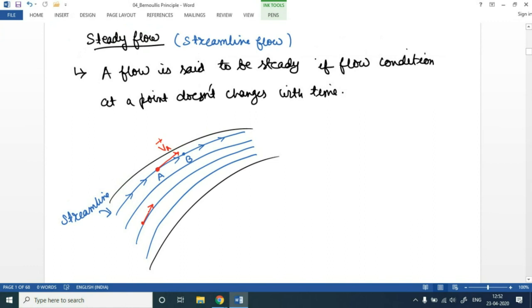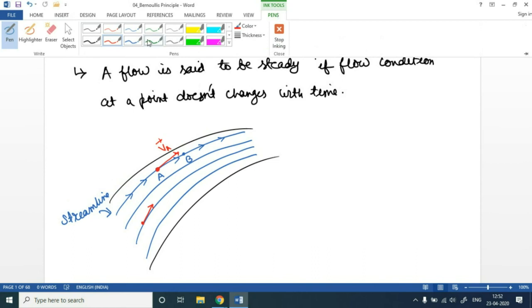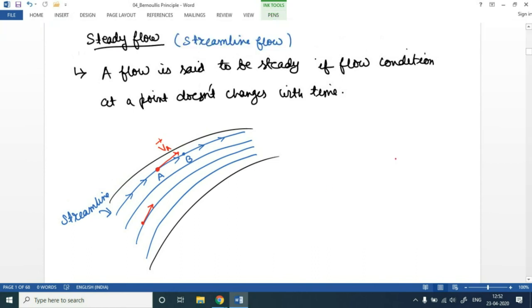You should also realize that two streamlines may never intersect with each other, because if they intersect, let me describe it here. This is one streamline and this is another streamline, and say they are intersecting at this point P. If we draw the tangent on this curve, it will be along this, and if we draw a tangent on the other curve, it will be along this.